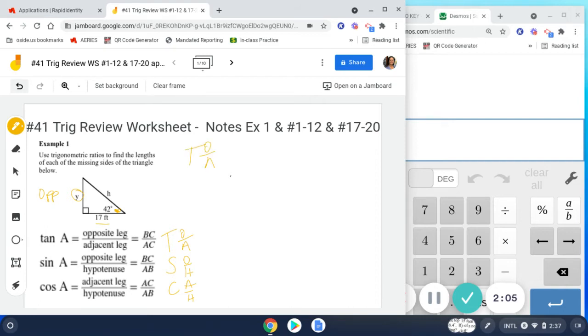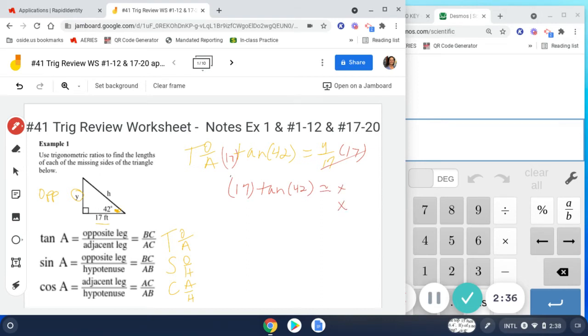Step 1, identify which trig function. Step 2, plug in to the trig function. Tangent of 42 degrees is equal to the opposite over the adjacent, and then step 3, solve. Multiplying by the 17 to both sides to get rid of that denominator. What we're going to plug in to the Desmos calculator is the tangent of 42 times 17.